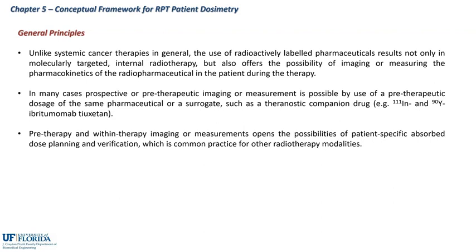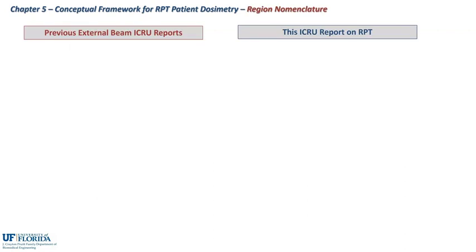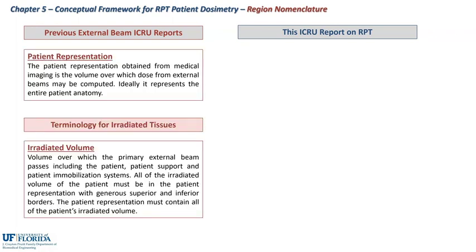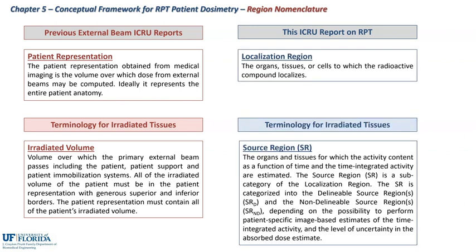So, looking at this region and volume nomenclature between previous ICRU reports and external beam, and then this report, you have the patient representation, CT planning image, for example, and then terminology for radiated tissues, such as the irradiated volume.